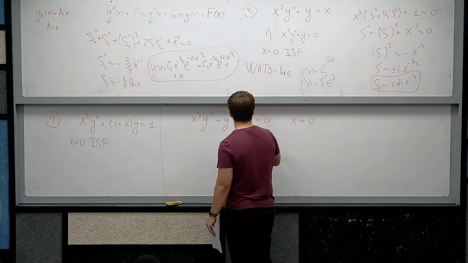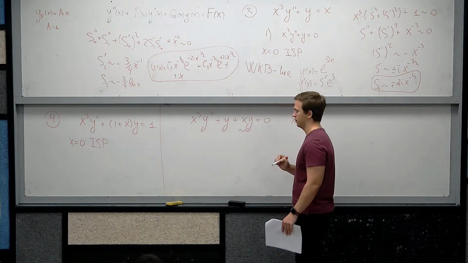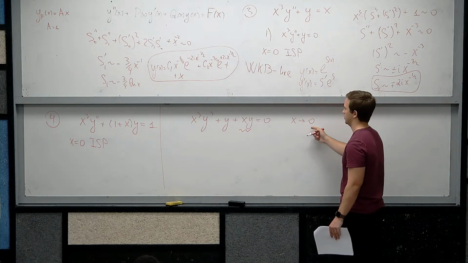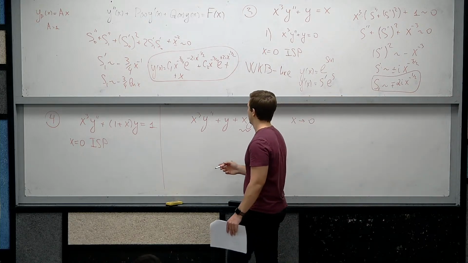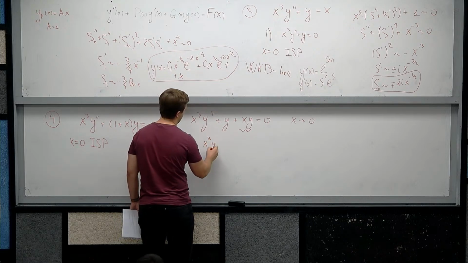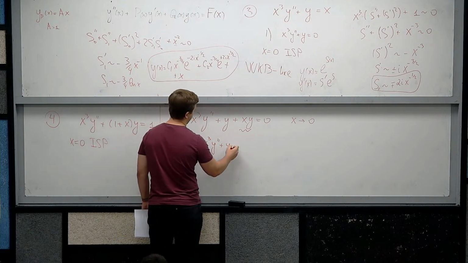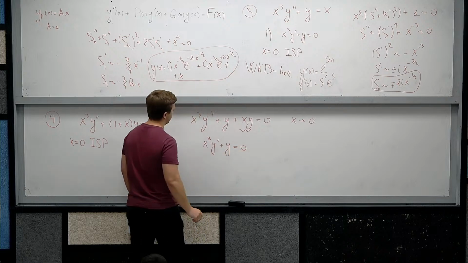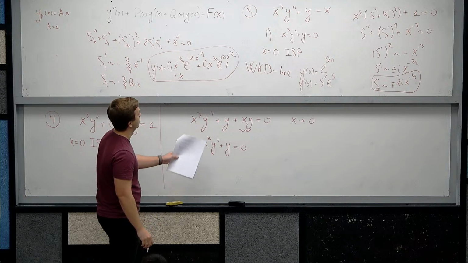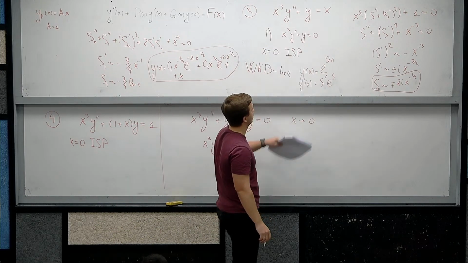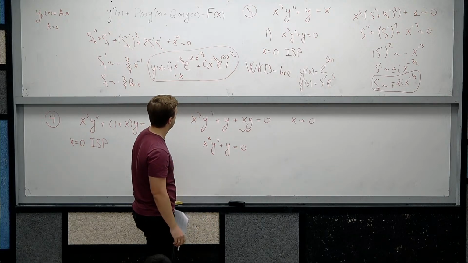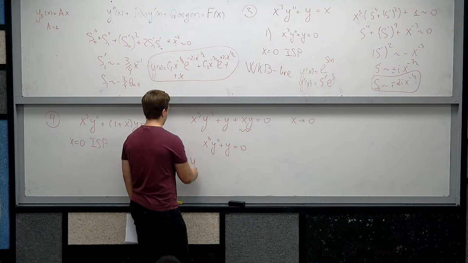So we can neglect this term compared to this, because x goes to 0, and solve it in a much easier way, the same one. Okay. So we know actually the solutions of this, and I can write it now.